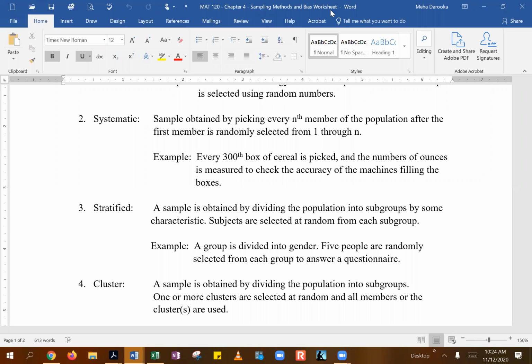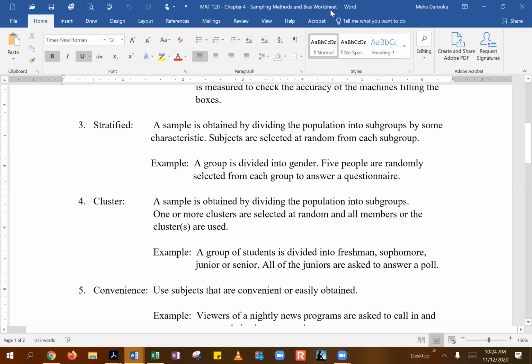The number of ounces is measured to check the accuracy of the filling machines. So every 300th box becomes part of our sample, because that's the box they're going to weigh to see how accurately those machines are filling the cereal. So that's our second method.